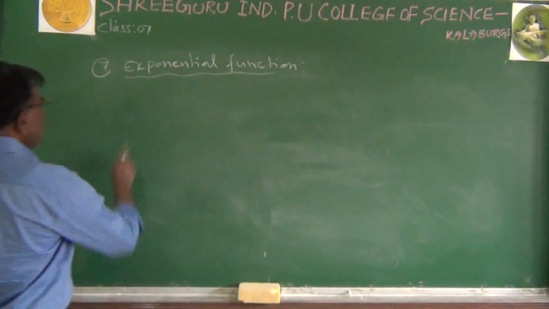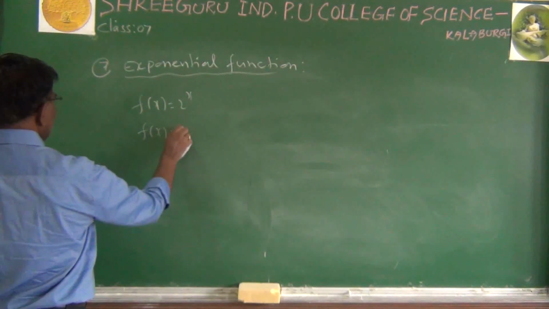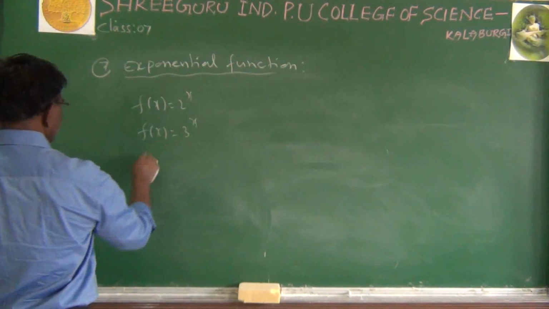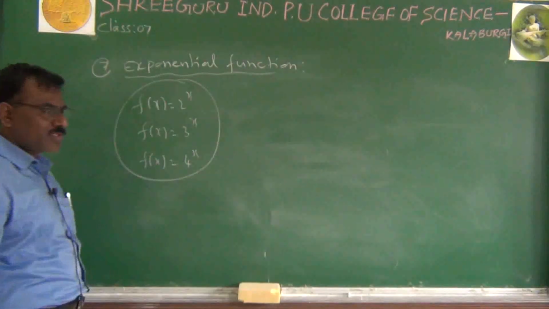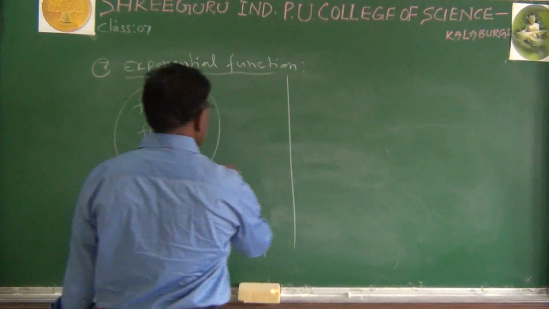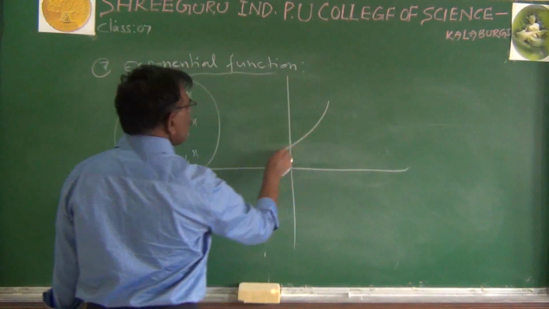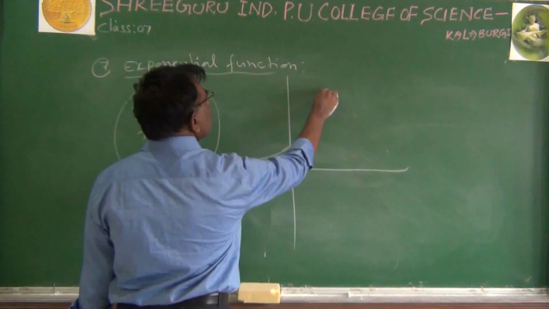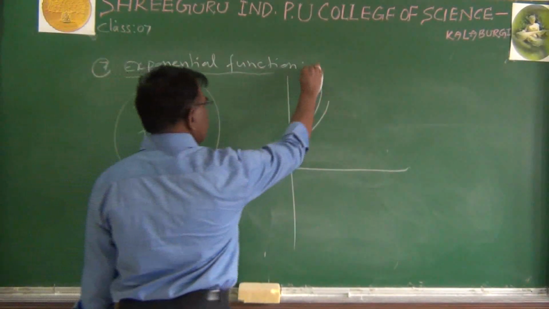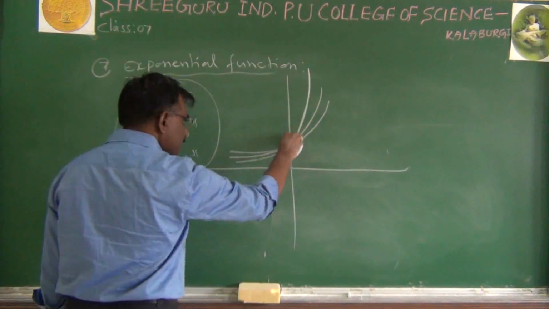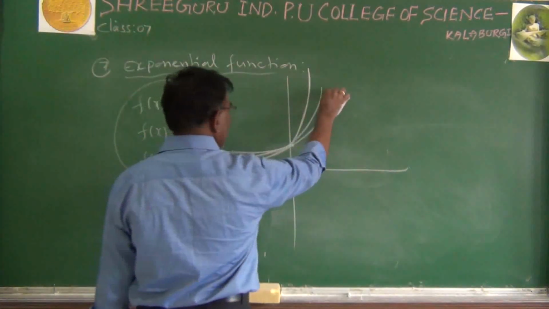For example, f of x is equal to 2 raised to x, f of x is equal to 3 raised to x, f of x is 4 raised to x. I want the graph of these functions. All of them intersect at 0 comma 1 only, because when x is 0, y is 1.